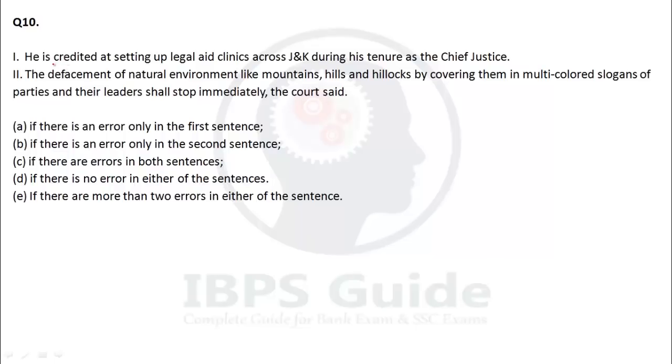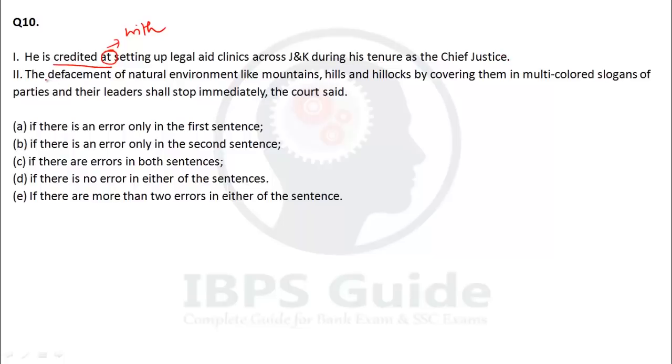Definitely ध्यान रखना, credited at नहीं होता है. Credited के साथ जो preposition use करना पड़ता है, that is with. He is credited with setting up legal aid clinics across J&K during his tenure as the Chief Justice. So first sentence is wrong.